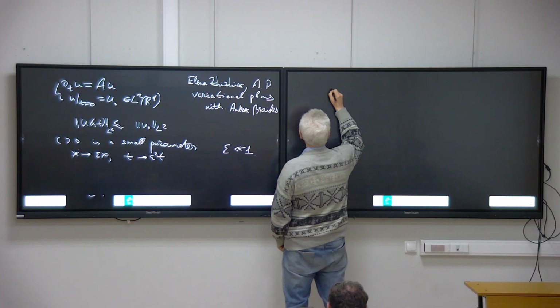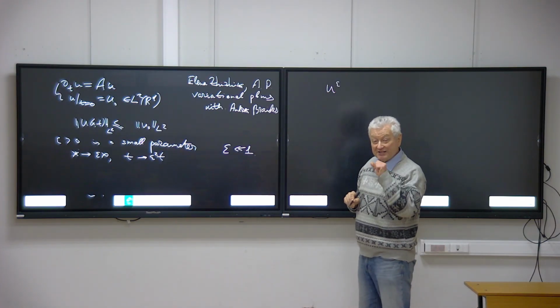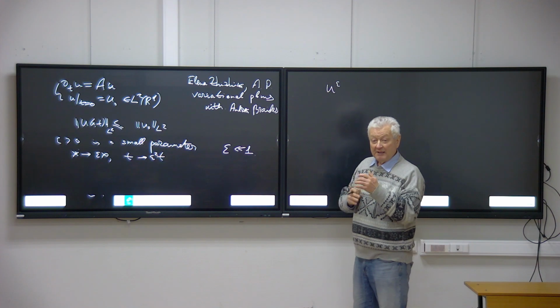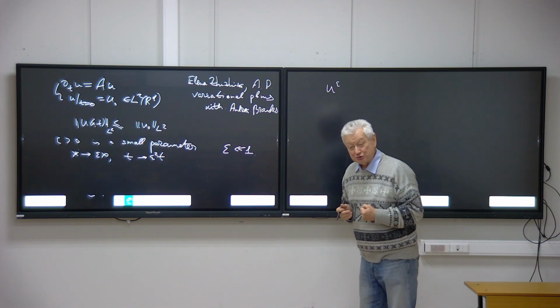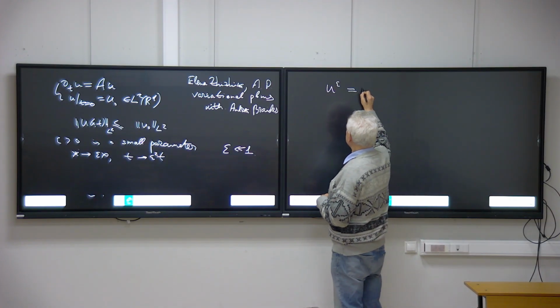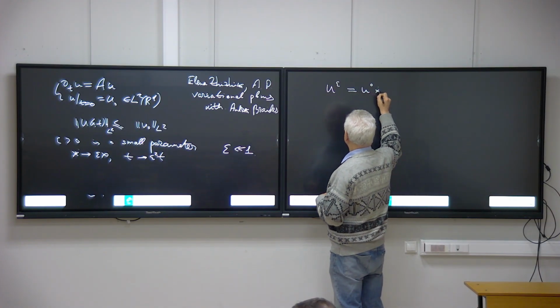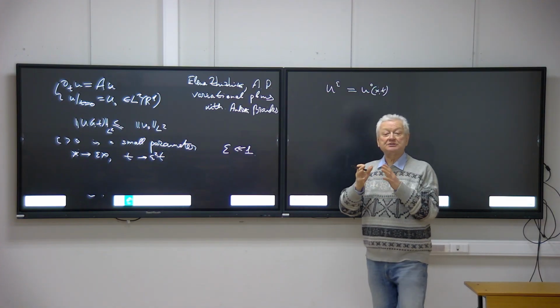What we do is try to approximate the solution of the original epsilon problem using some ansatz which is constructed in terms of the solution of the limit problem. That's the idea. So we write that we expect that the limit is u0 of x,t. But then, of course, we should correct it somehow.